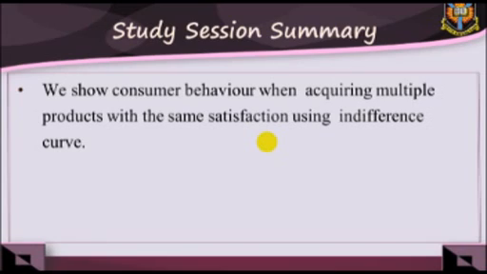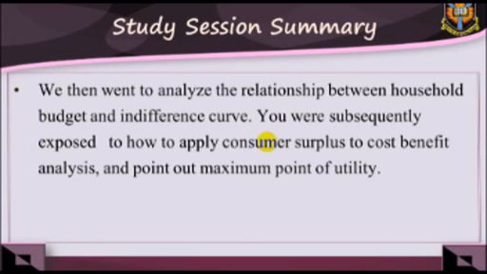We then went on to analyze the relationship between household budget and indifference curve. You are subsequently exposed to how to apply consumer surplus to cost benefit analysis and point out the maximum point of utility. This is the end of study session 5.